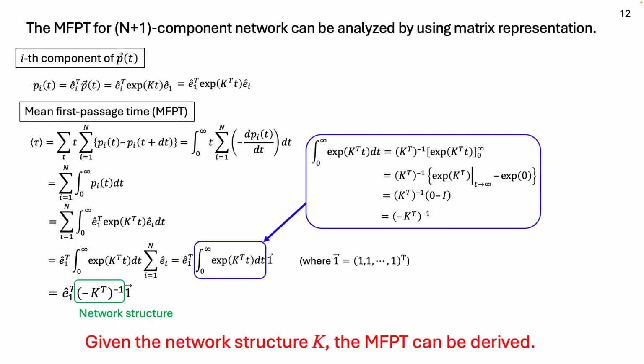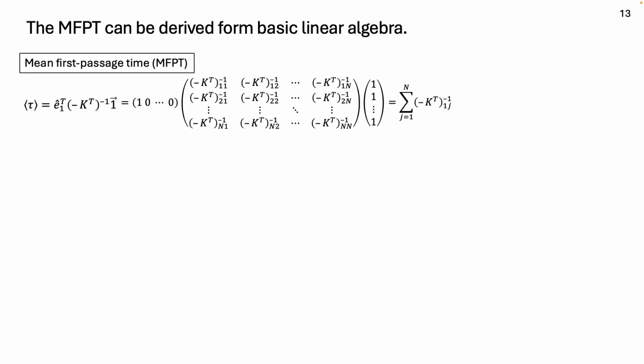And then how do we calculate this inverse matrix? You can write down every component. And the mean first passage time becomes this summation of the 1j component of the inverse of minus K transpose.